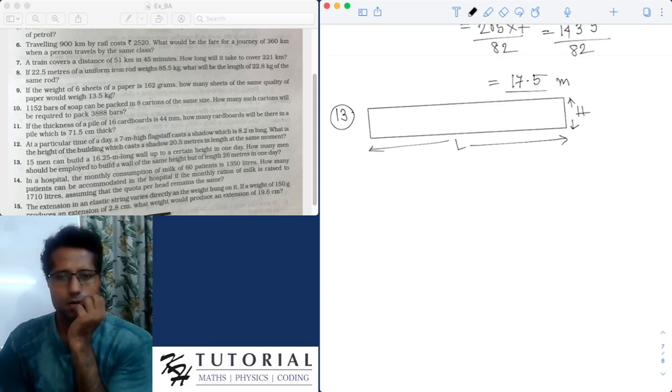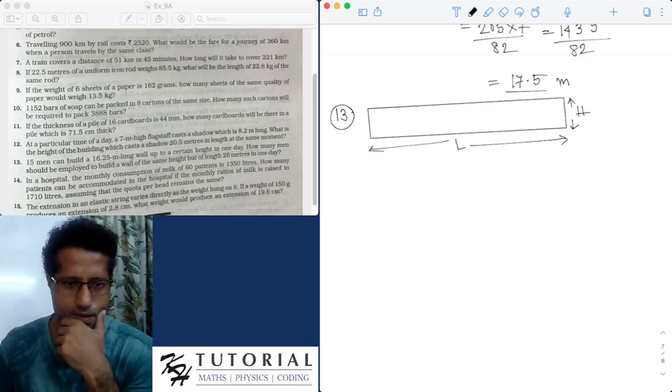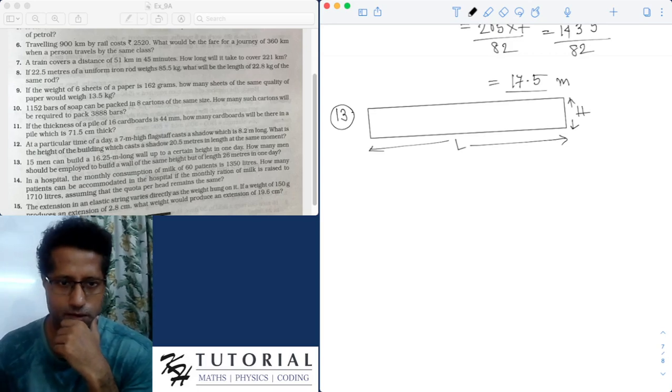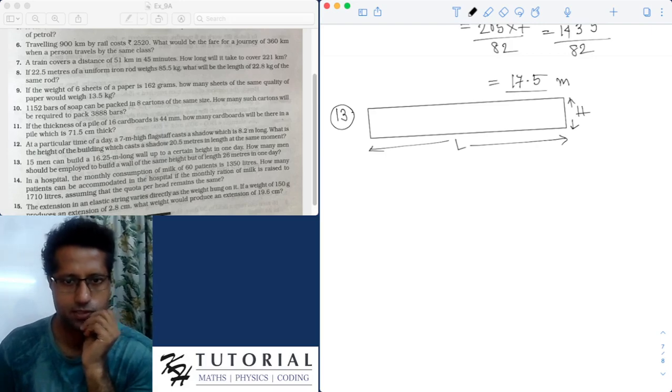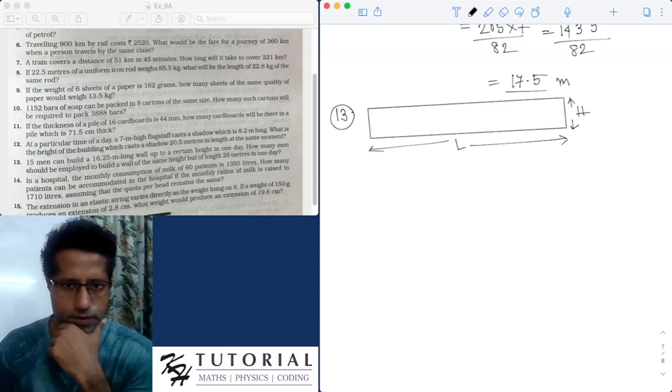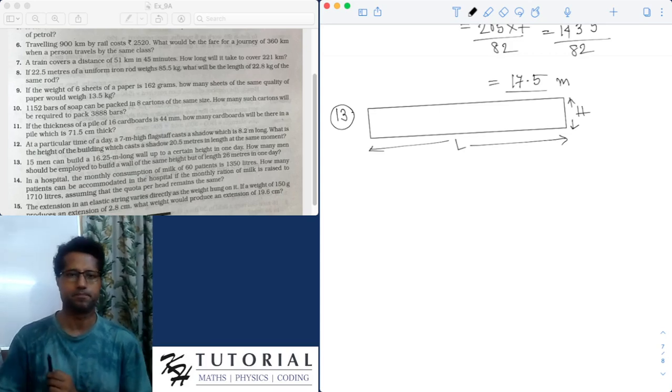Now, the first fact given is that 15 men can build a 16.25 meter long wall, this L is 16.25 meter, up to a certain height in one day. We don't know the height, it is not given. Let's say the height is H. Now, how many men should be employed to build a wall of the same height, but of length 26 meters in one day?